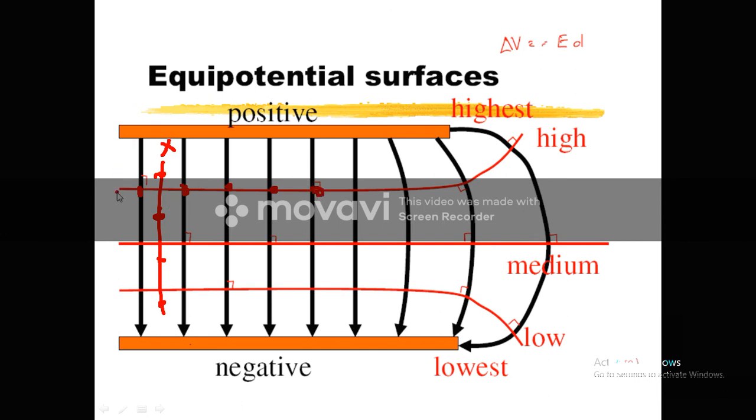So E is directing towards the lower electric potential, meaning here the potential is low, and here the potential will be high. Okay, high, medium, and low.